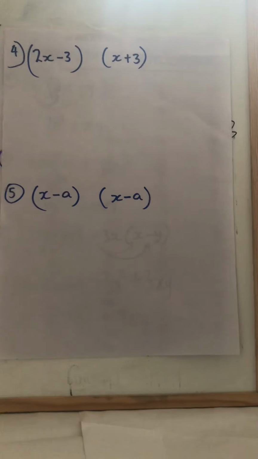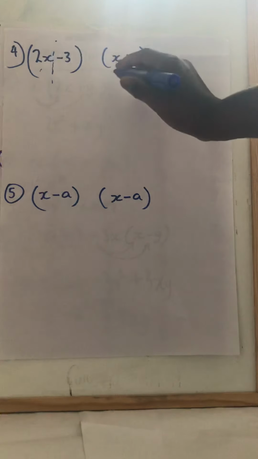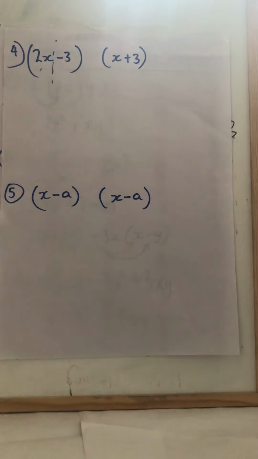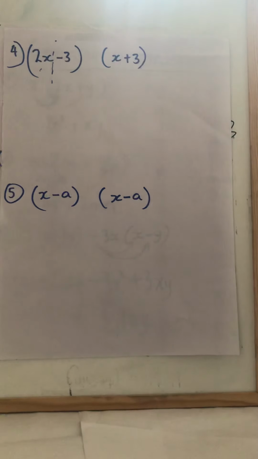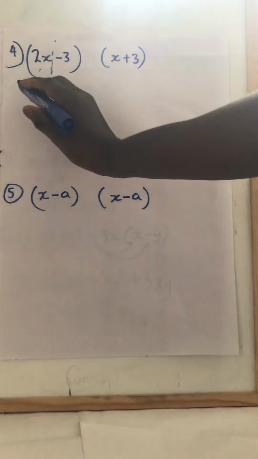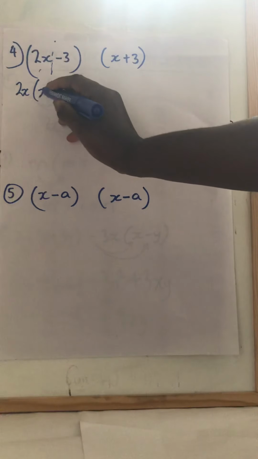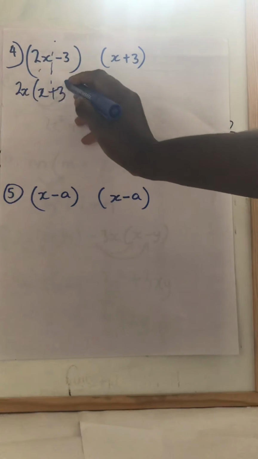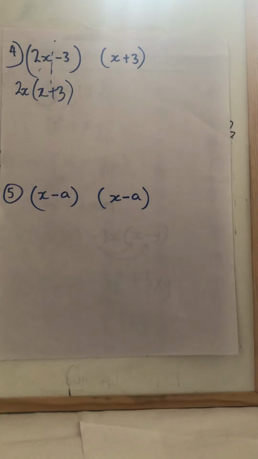How do we do that? I'm going to multiply 2x by x plus 3, and then I'm going to multiply minus 3 by x plus 3. Let's split it. So I'm going to have 2x bracket x plus 3. Then I'm going to do minus 3.